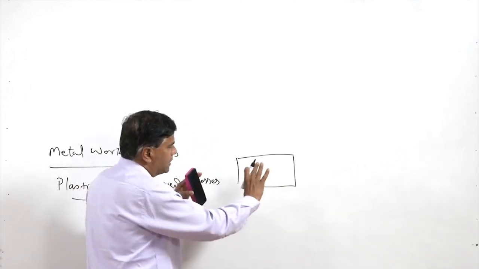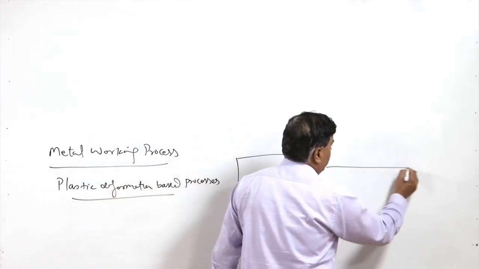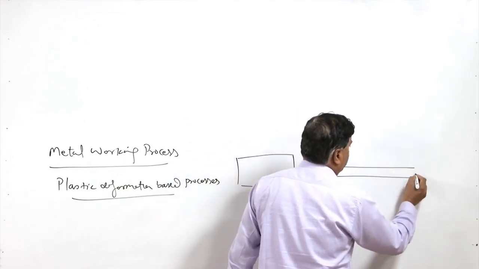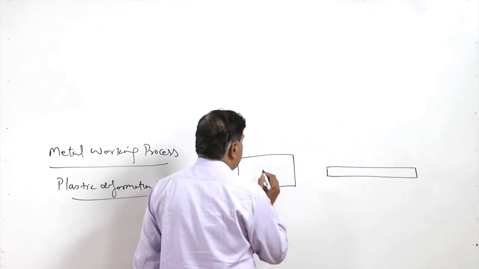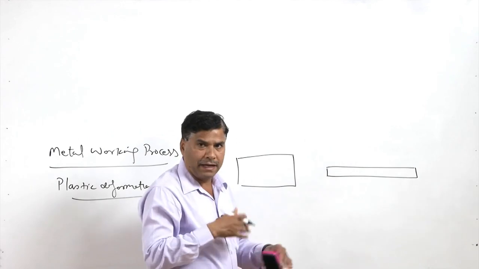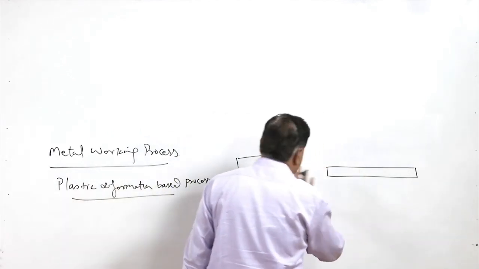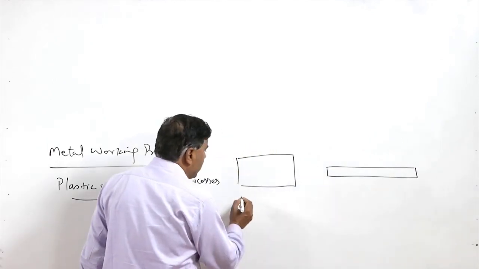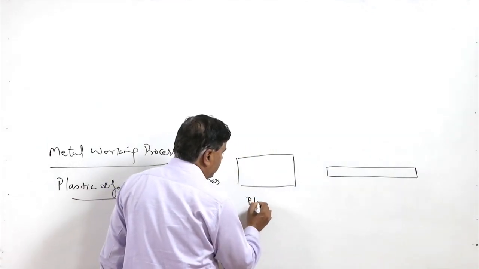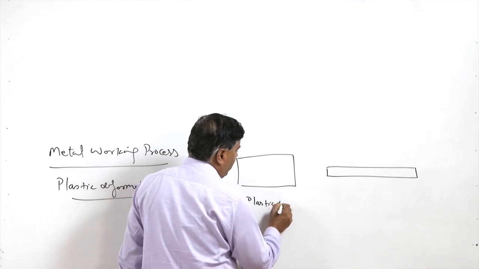Like say this is a strip, and if you want a strip of smaller thickness but greater length, then by applying processes like rolling or extrusion, this kind of shape can be changed, but this will primarily be based on plastic deformation.